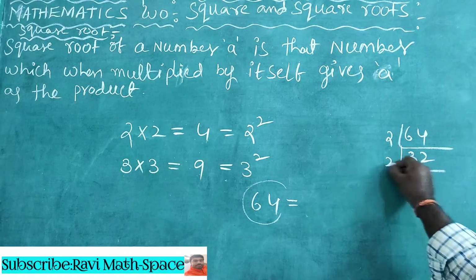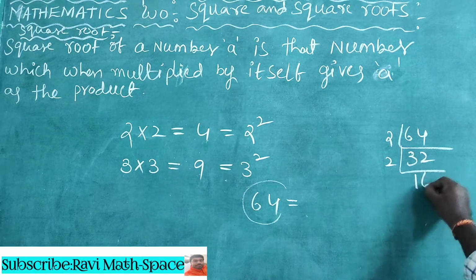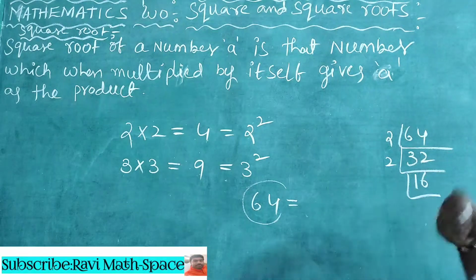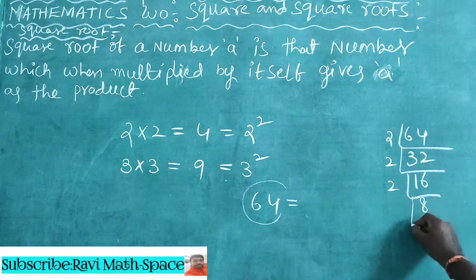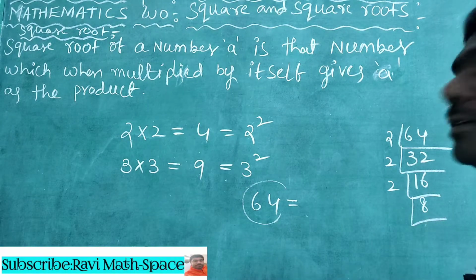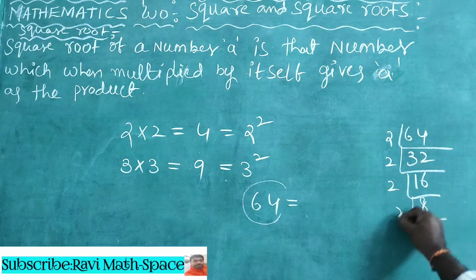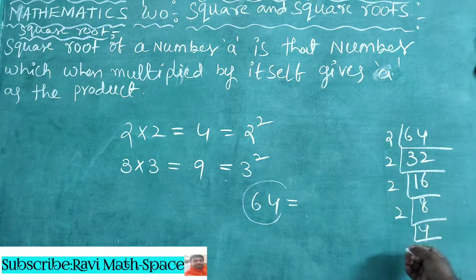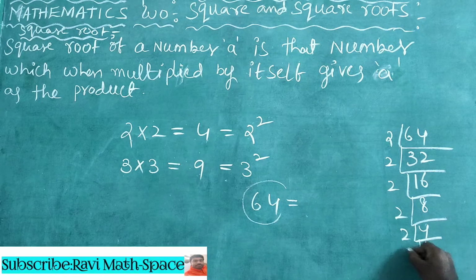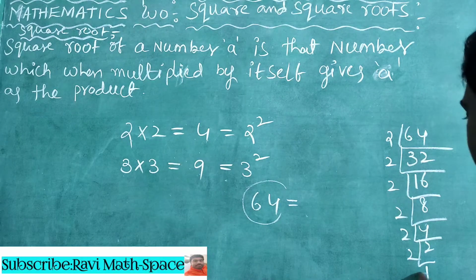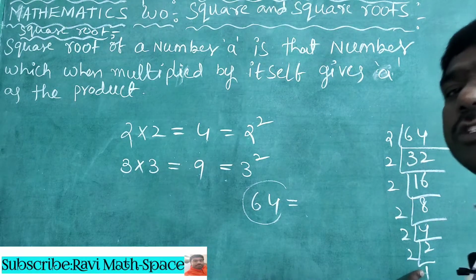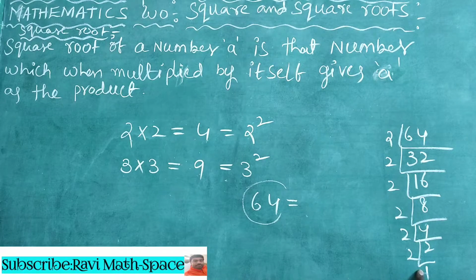Yes, take 2. 2 sixteens are 32. 16 is also divisible by the same prime number, that is 2. So 2 eights are 16. Again it is divisible by the same prime number, that is 2. 2 fours are 8. Like this we have to do the process until we get 1. The last factor should be 1.